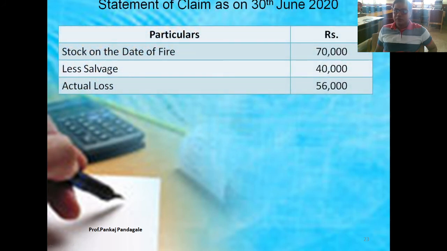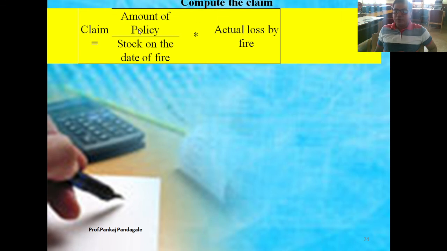Then we have to find out the claim. For claim purposes, we have to find out the actual loss. Stock on the date of fire 70,000. We deduct the salvage value 14,000, and the actual loss will be 56,000. Then we have to find out the claim value. One formula is there: amount of policy divided by stock on the date of fire, into actual loss by fire.